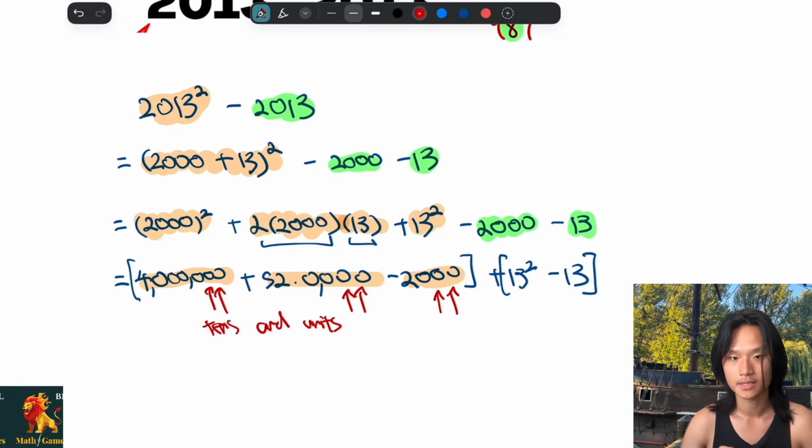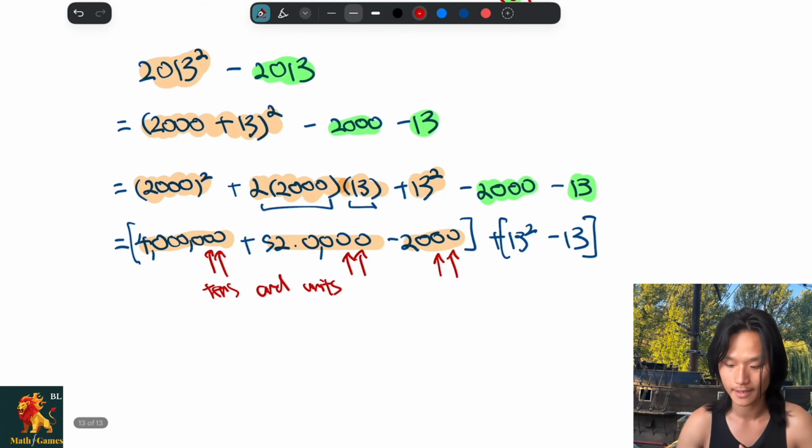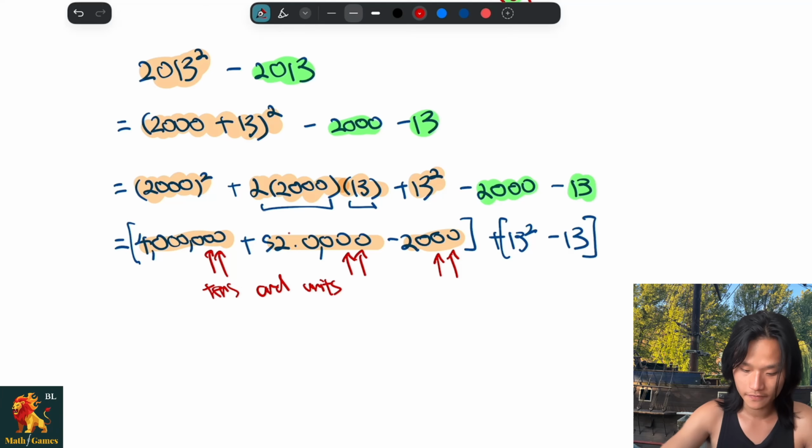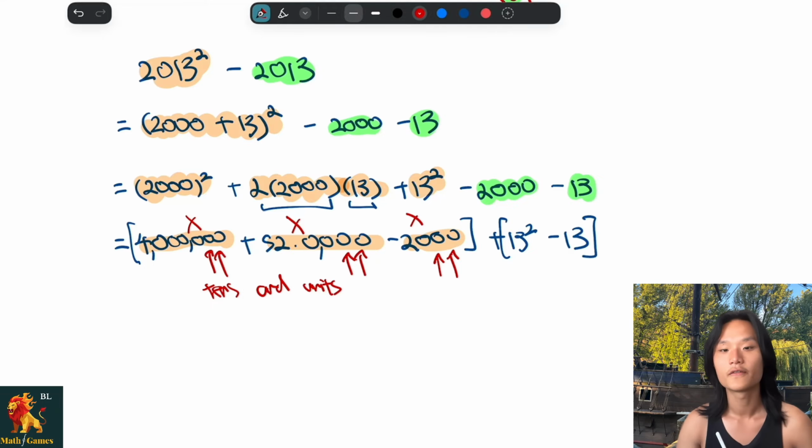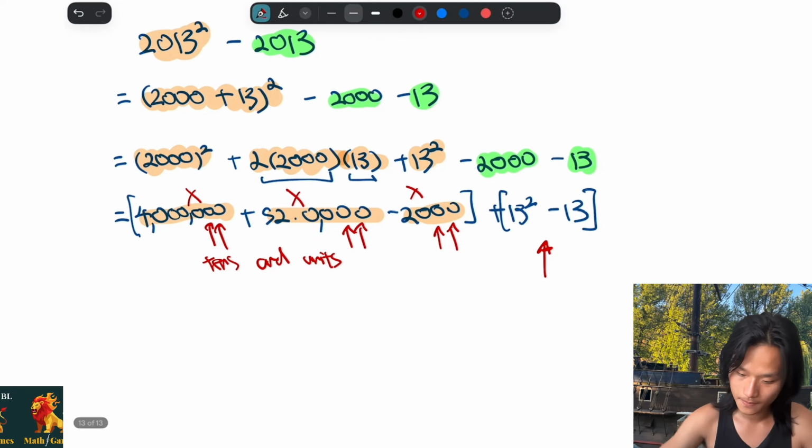What that means is whatever we do with them, they do not impact the final tens digit of this expression. So we can just forget about all of this really and focus on 13 squared minus 13, okay?